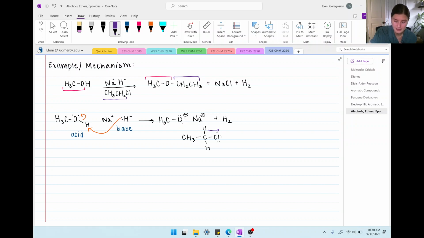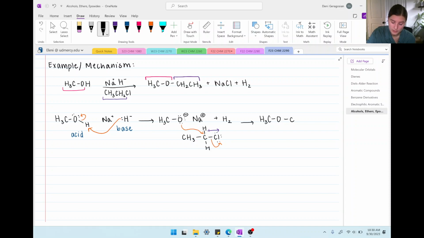So this is what's going to happen here, where we have the nucleophile, so the oxygen with a negative charge, willing to give away electrons, and the chlorine, a good leaving group, willing to leave and take the electrons in that bond. So now we have a substitution reaction here. So the oxygen from what was the alcohol, then became the alkoxide, is now bonded to the carbon that was part of the alkyl halide.